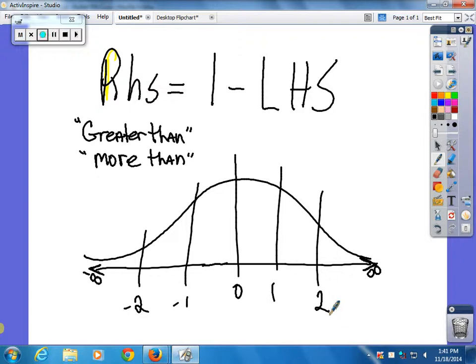Which way do we read? Left to right. Our area that we want, 0.47, is right in here. I'll take my blue highlighter. It's too big. It's too small. There's my area.